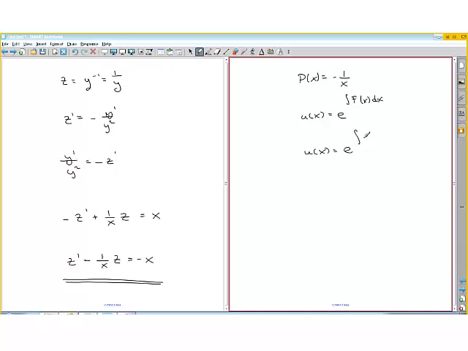So I get e to the integral of negative 1 over x dx. I factor out the negative sign, so I get e to the minus natural log of the absolute value of x.